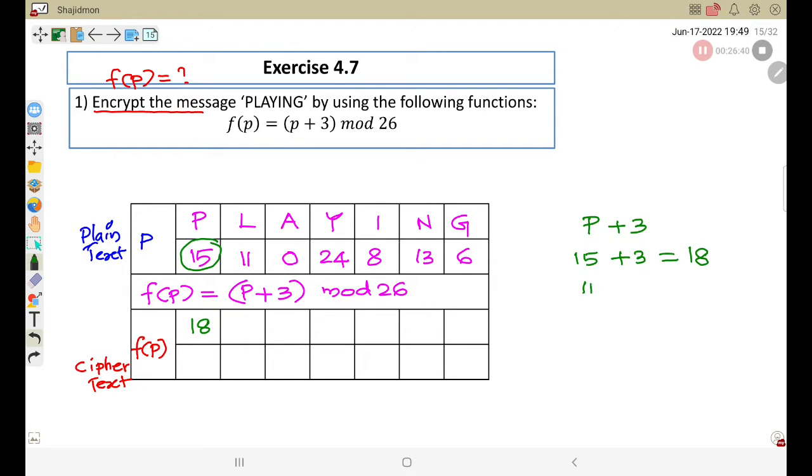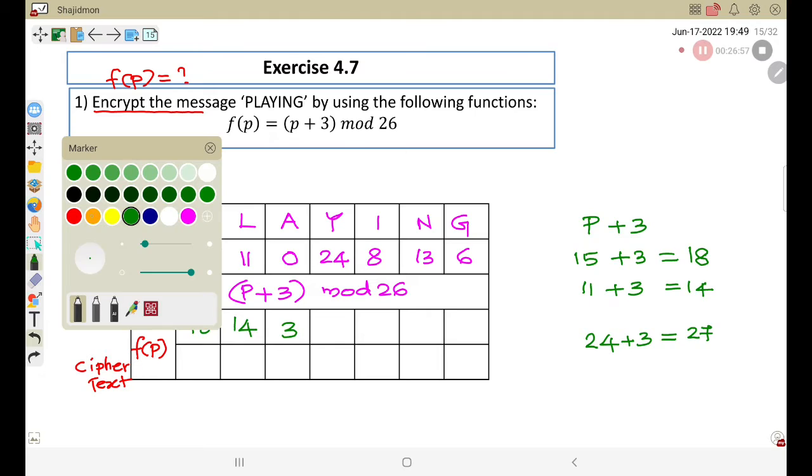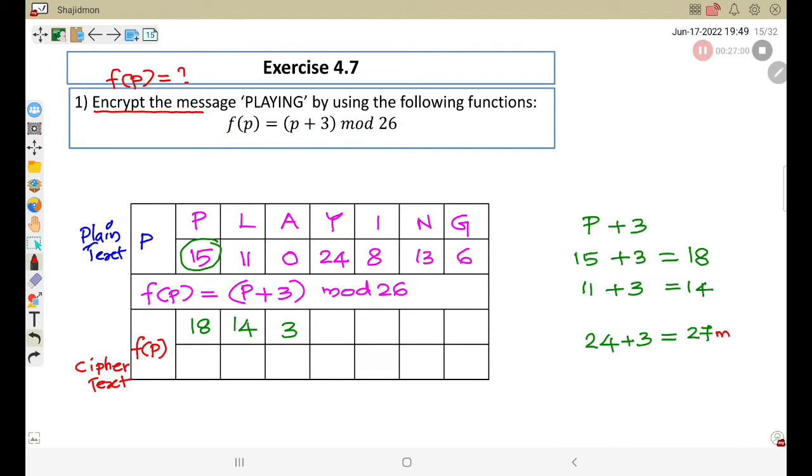Now the next one is 11. 11 plus 3 equals 14, correct? Then 0 plus 3 is 3. Now 24 plus 3, careful. 20 plus 4 plus 3 means 27. Here we need to take the mod number, 27 mod 26.